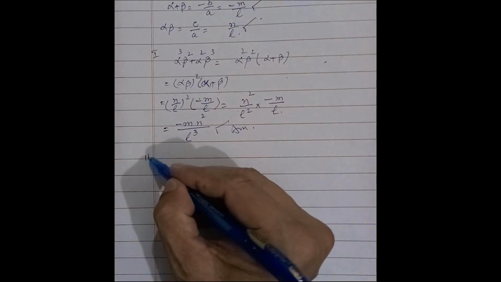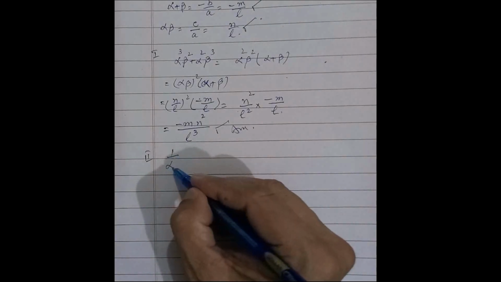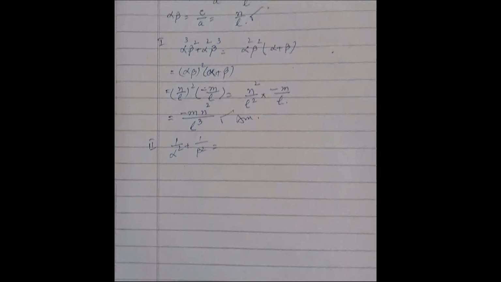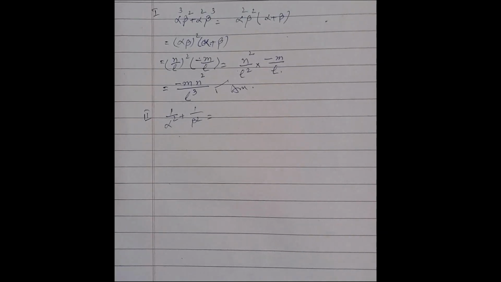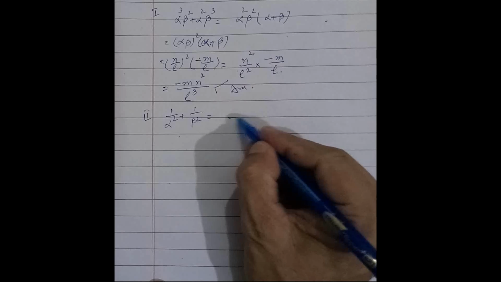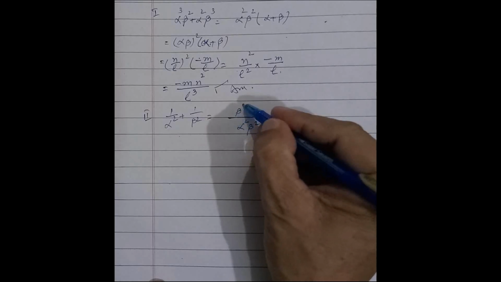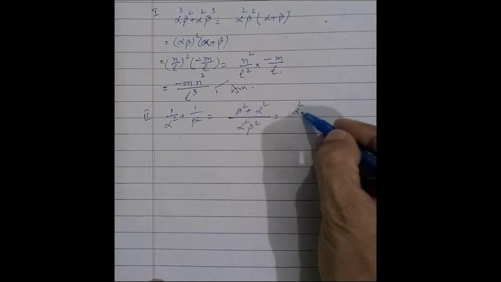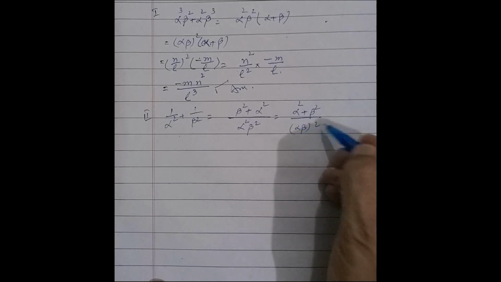And part 2 is 1 over alpha square plus 1 over beta square. First we mold these values in the form of alpha plus beta and alpha beta. Take LCM alpha square beta square, and the numerator is beta square plus alpha square, so we write alpha square plus beta square over alpha beta whole square.